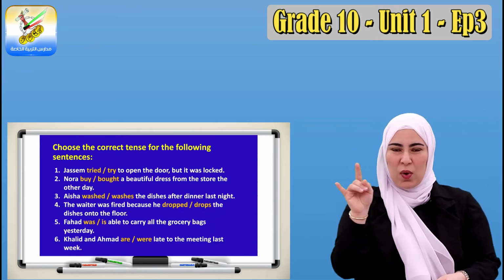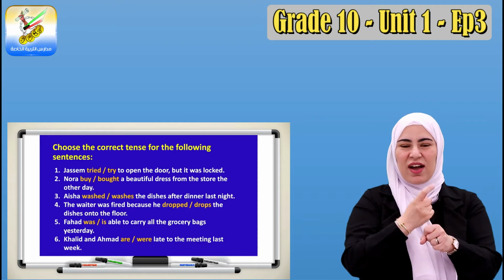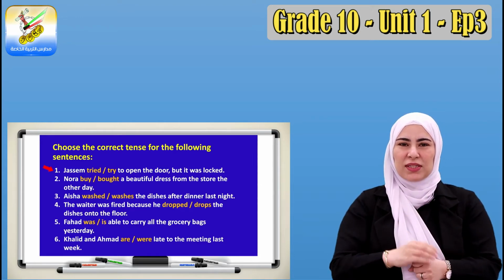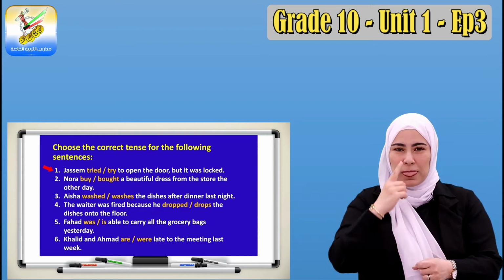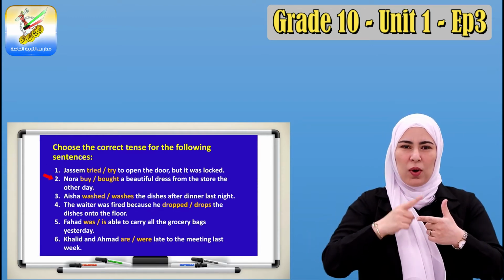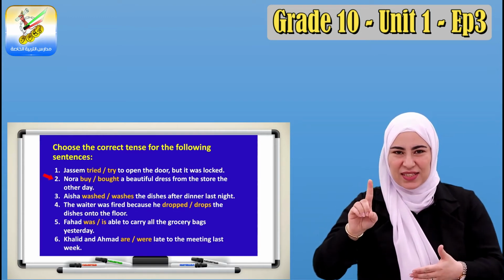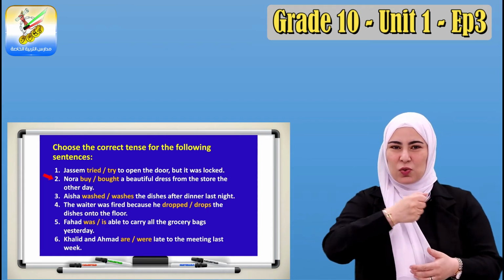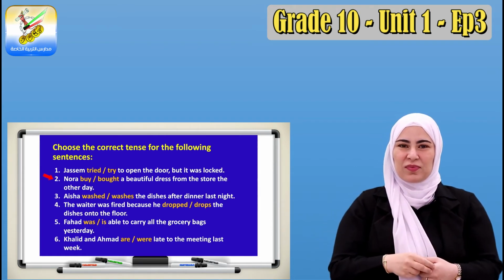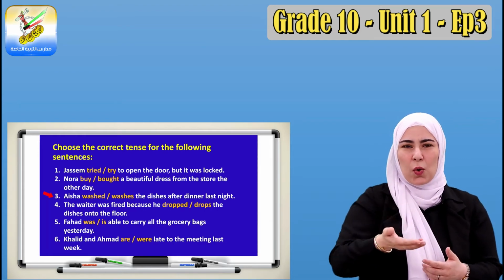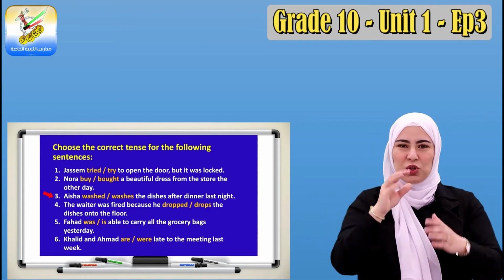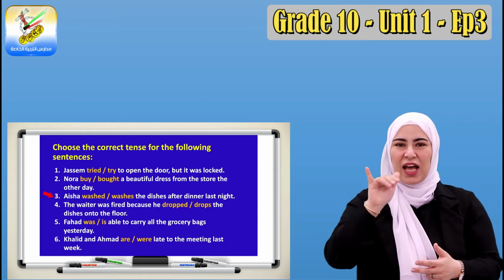Choose the correct tense for the following sentences. 1. Jassim tried to open the door, but it was locked. 2. Noura bought a beautiful dress from the store the other day. 3. Aisha washed or washes the dishes after dinner last night. 4.